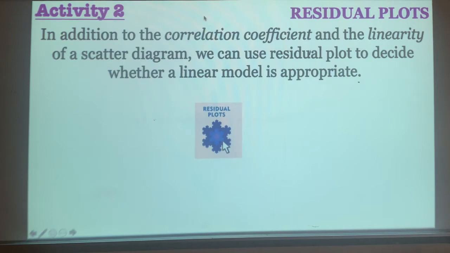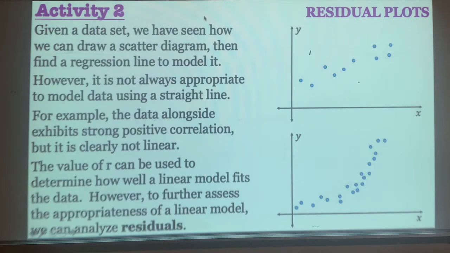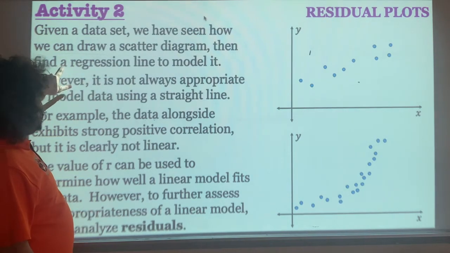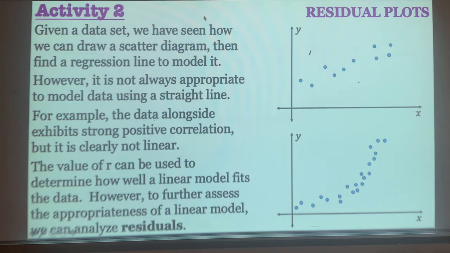So we're going to start with Activity 2. What it says is, given a data set, we have seen how we could draw a scatter diagram, then find a regression line to model it. However, it is not always appropriate to model the data using a straight line.